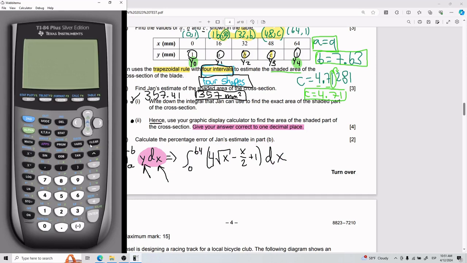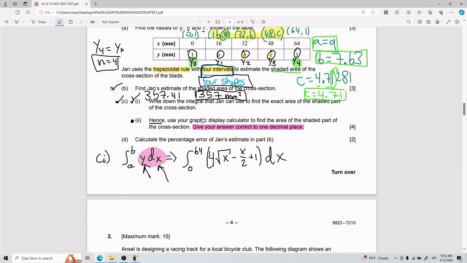So you can always use this trick of just finding the integral right away from your graphing calculator. And notice, it's actually worth 2 marks. Because this first one is worth 2, this other one's worth 2. Total 4. Just by knowing how your calculator works, you're going to get 2 points. Literally.